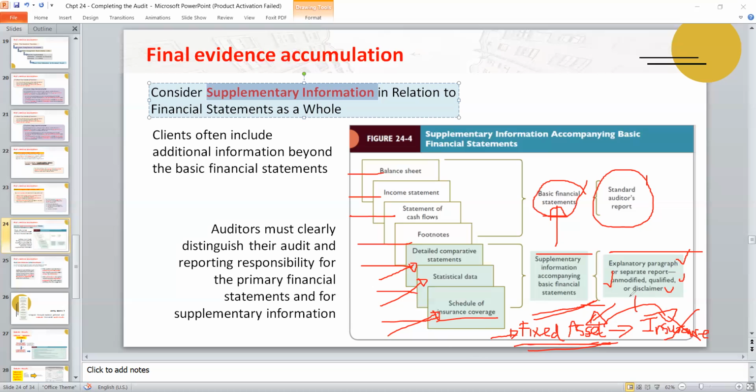Of course, it will affect the opinion, because it's unsafe.